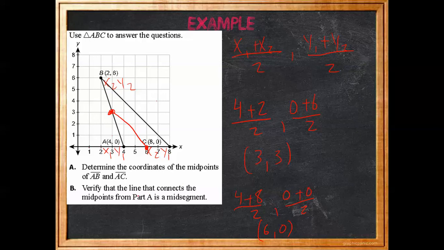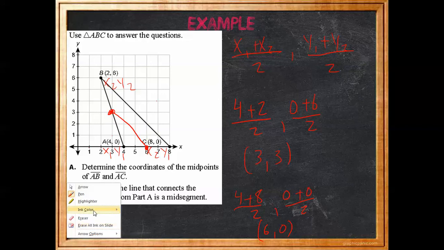Verify that the line that connects the midpoints from part A is a mid-segment. Basically we just did that. We connected our lines, and we want to find out if it's parallel. So what we also want to do now is find the slope, just like we did earlier.